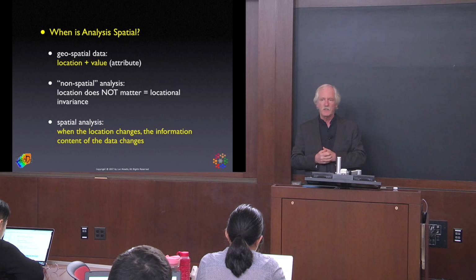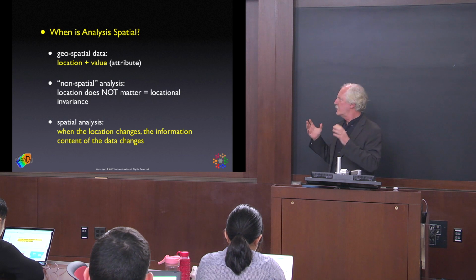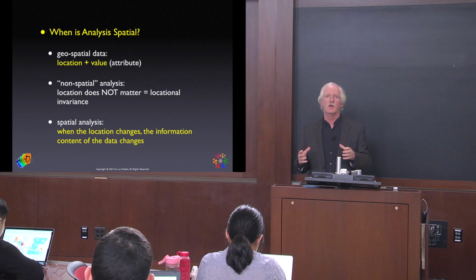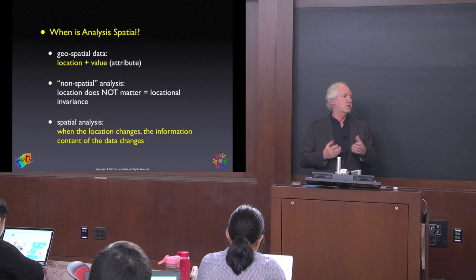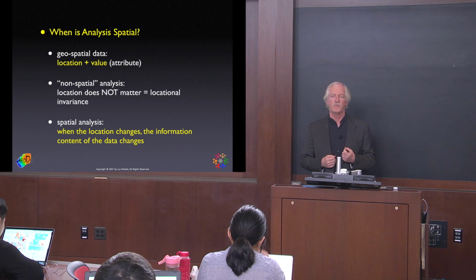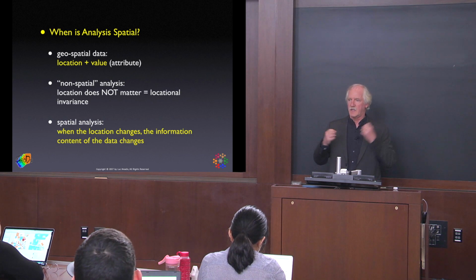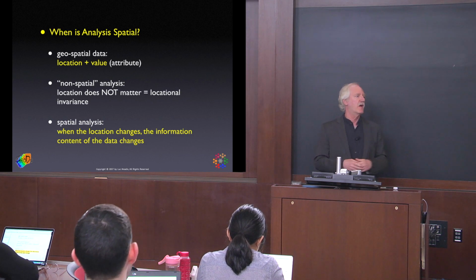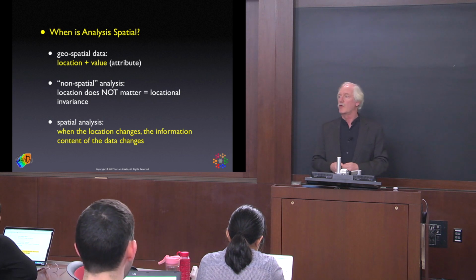And the distinction is not always obvious, but it has to do with situations where you combine attributes, value, measures, with the location. And the location matters. So in standard non-spatial statistical analysis, regression, whatever, the location doesn't matter.